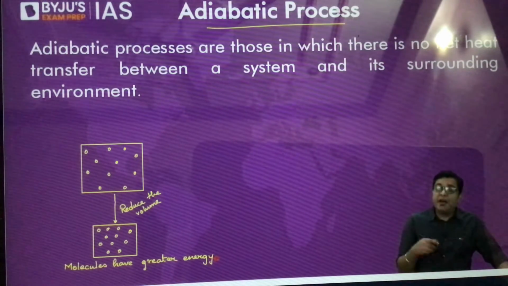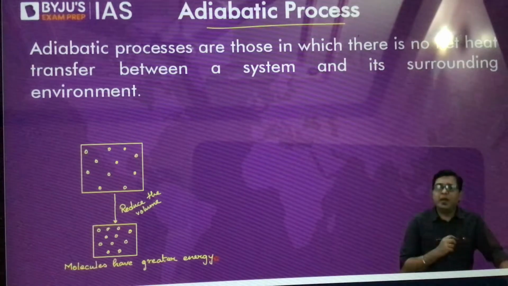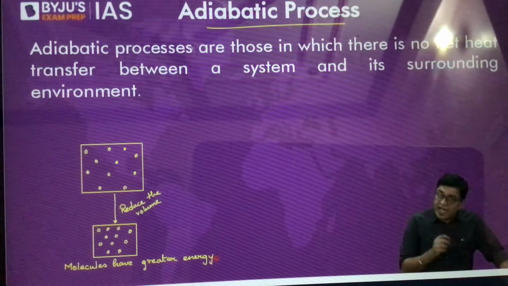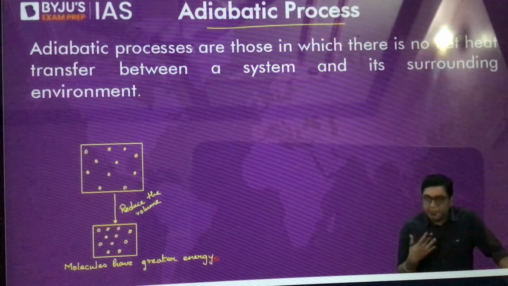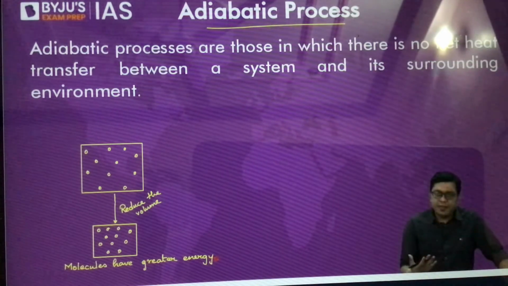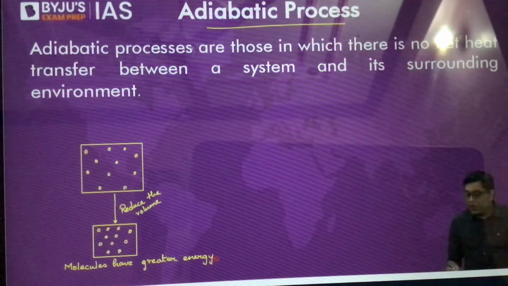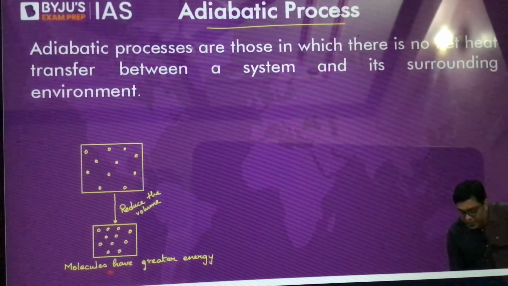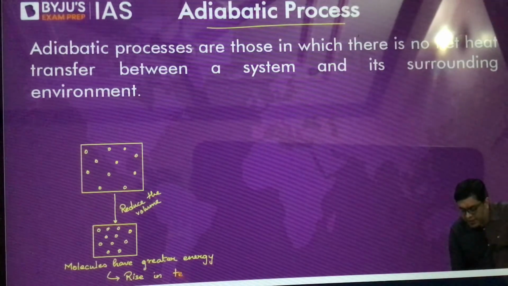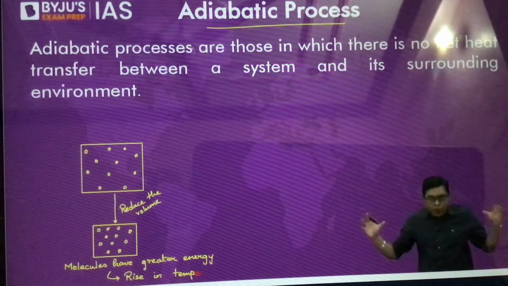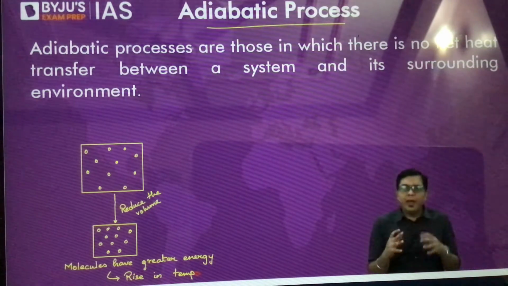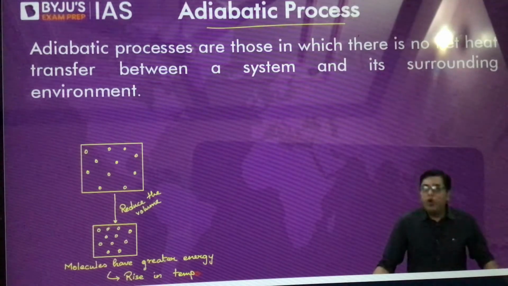And when the molecules exhibit a greater amount of energy, that energy will be exhibited in terms of temperature or heat. So that would lead to a rise in temperature. Right? Because you are forcing the molecules to stay in one place, so the energy level will always go high.